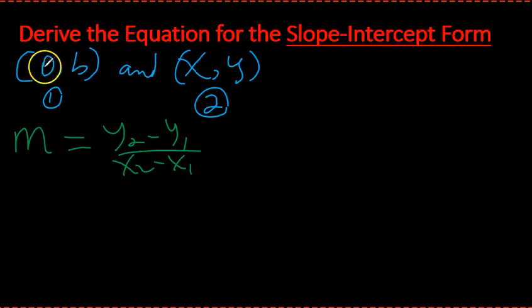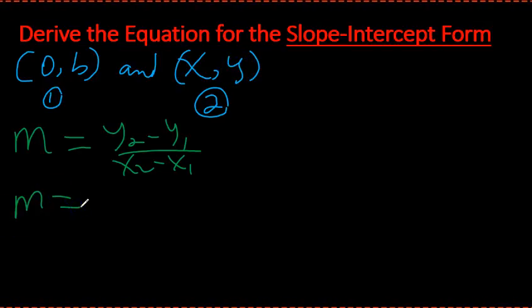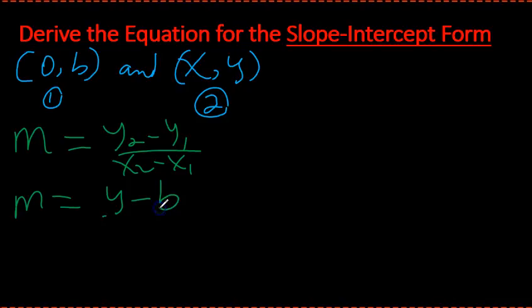So this is our x1, y1, x2, y2. Let us plug them in. Slope is, y2 is y, minus y1 is b, over x2 is x, minus x1 is 0.